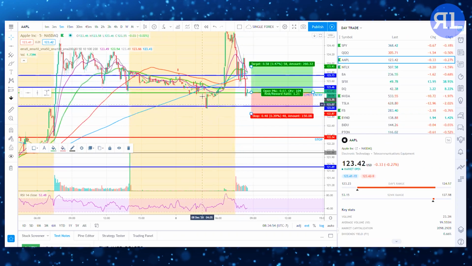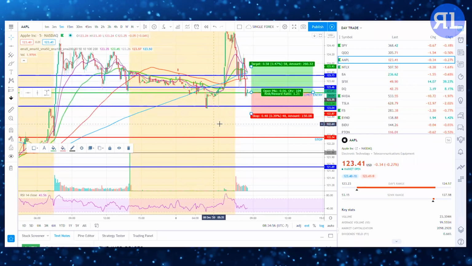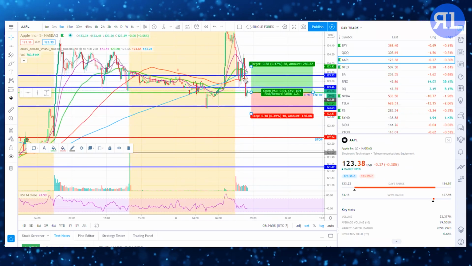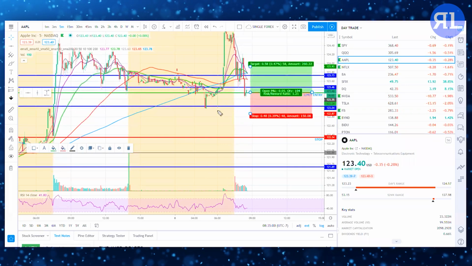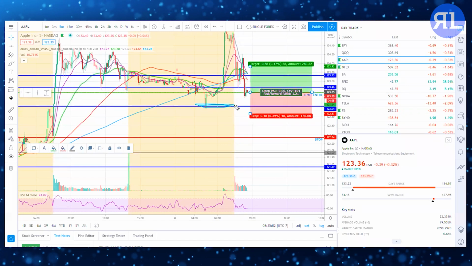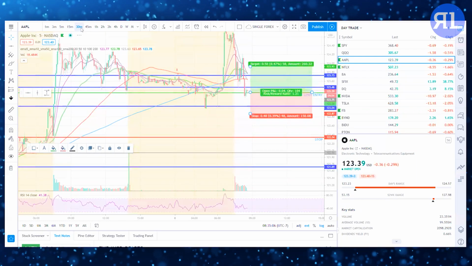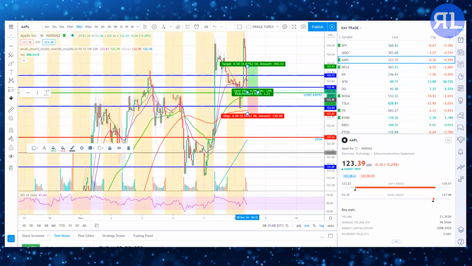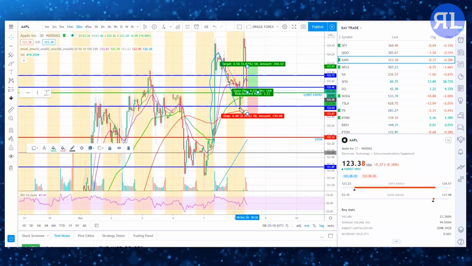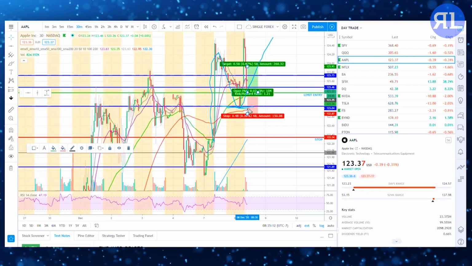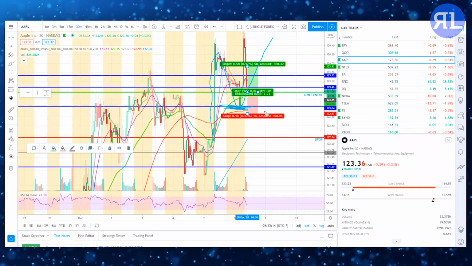You put a stop in here based on that higher low move. If you're going bullish, right now we're trying to go bullish on Apple. Let's go to a bigger time frame and we'll see what we're talking about. This is a higher low. Check that out. So this should not break if we are bullish.